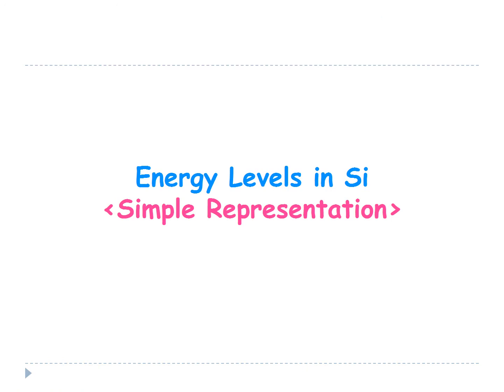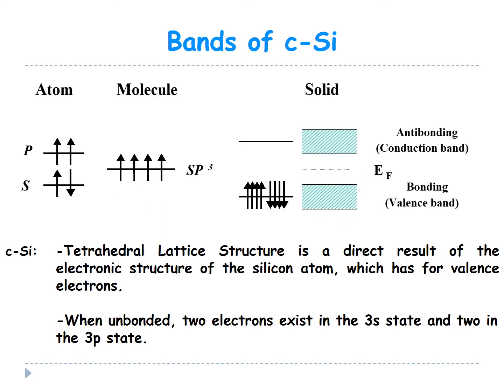Okay, now for some of you, this could be too much information to process. So here I've prepared a simple representation of what we've been talking about. For this simple representation, I've chosen bands of crystalline silicon.